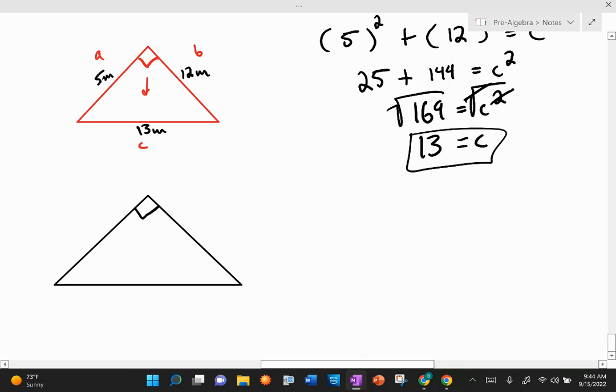Okay, so we have a triangle with, we'll say A is 8 feet and B is 15 feet.